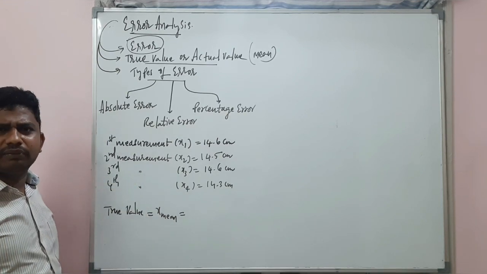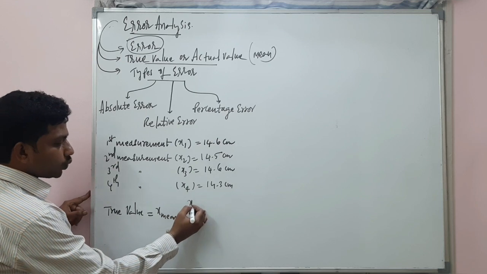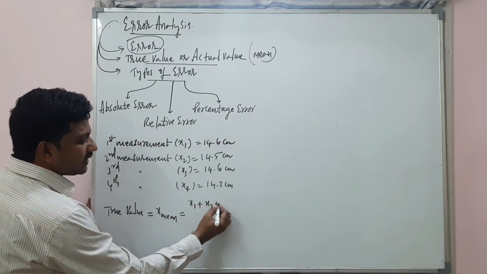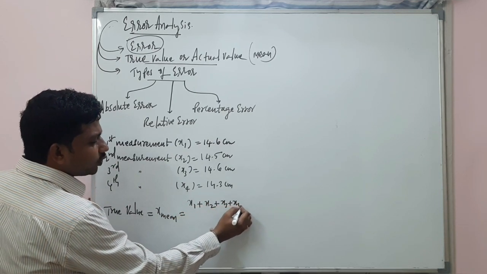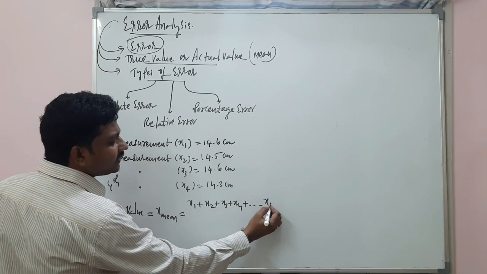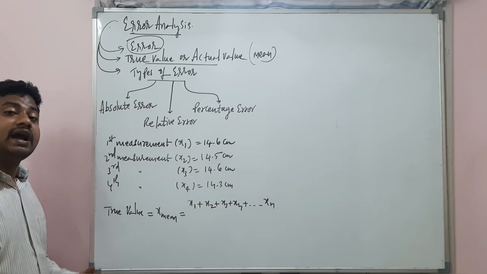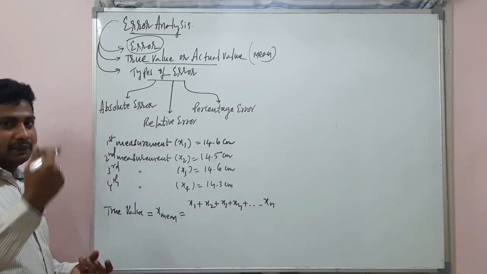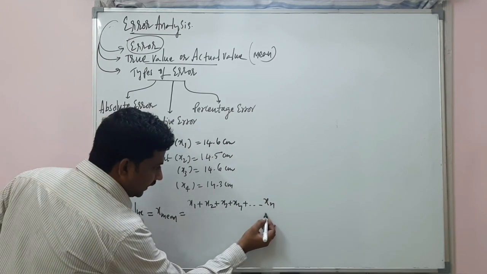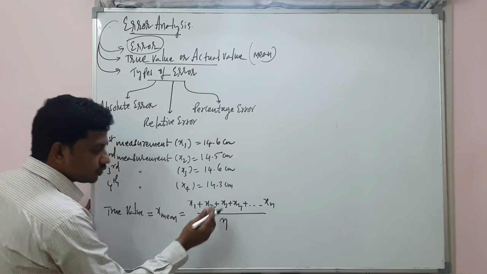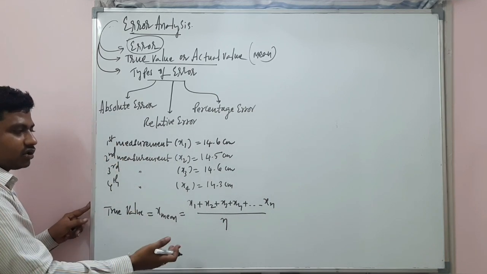Large number of individual measurements: x1 plus x2 plus x3 plus x4 and so on. You will be measuring till n, depending on the availability of time and the experiment. So divided by n. So that's it. So this is n. N is what? How many measurements we have taken here?